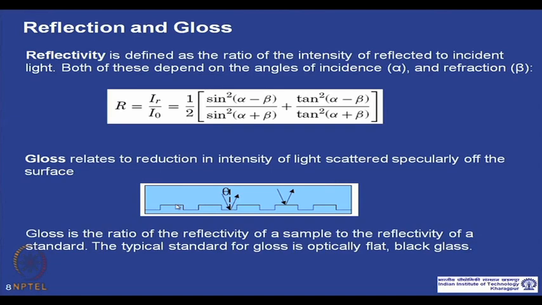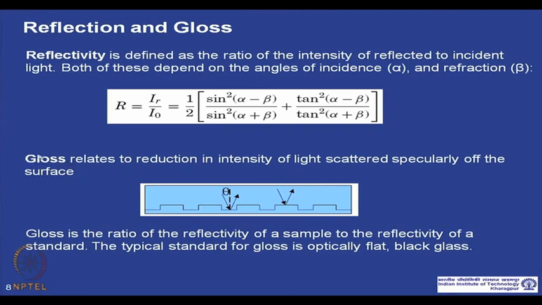So, if you want to make a glossy surface, then the surface should be smooth, and also if the sample has a larger refractive index, then as a result of higher reflection value, your gloss will also be higher.